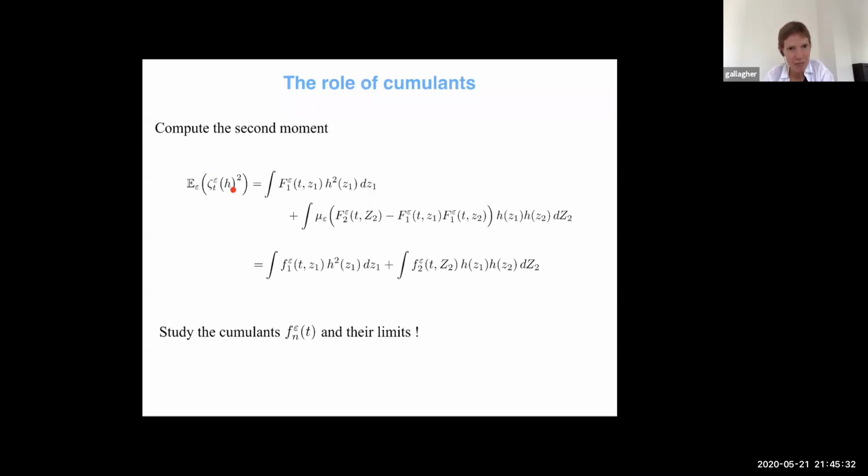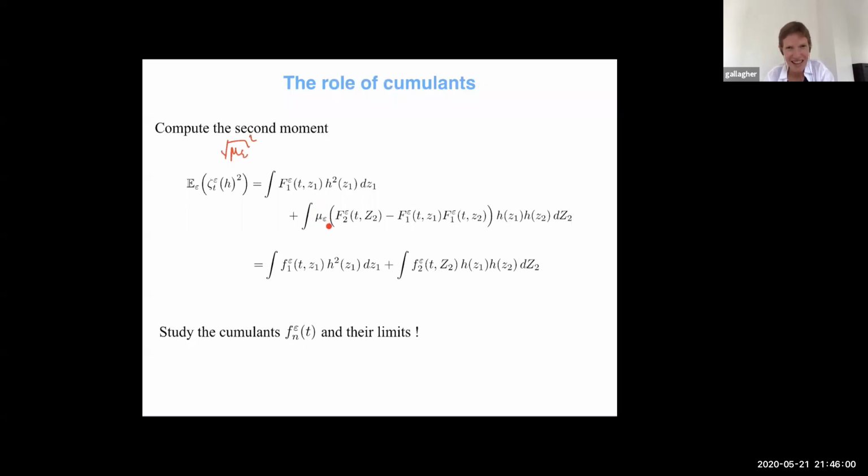Now let's do the same thing, but with the fluctuation field, meaning it's exactly the same computation, except the fluctuation field is square root of mu times larger than the computation we did for the law of large numbers. Since I do that squared, I'm going to take exactly the computation we did before for the Boltzmann equation and multiply everything by mu. So remember, we had a 1 over mu here, now it's a term of order 1, and we had a term of order 1 before, which is now a term of order mu.